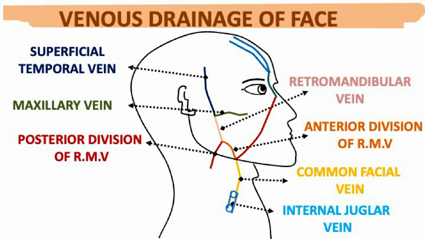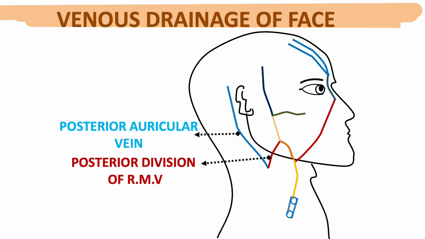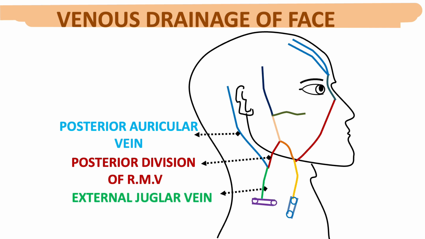Now we are talking about the posterior division of retromandibular vein. So posterior division combines with the posterior auricular vein, as it is coming from behind the ear, so it is called posterior auricular vein, and combined with the posterior division of retromandibular vein, it will form external jugular vein, which then drains into the subclavian vein.